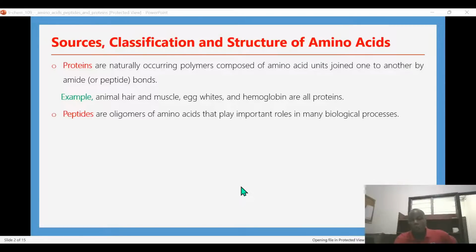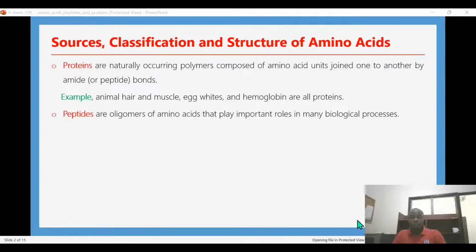Whenever you are asked what is the difference between amino acid, peptide, and protein, you can clearly say that an amino acid is the monomer, a peptide is a chain of 2 to 50 amino acids, and a protein is a sequence of more than 50 amino acids. So from here you can understand the differences between them.